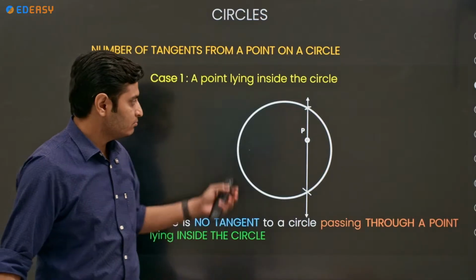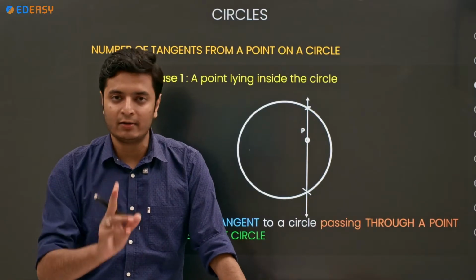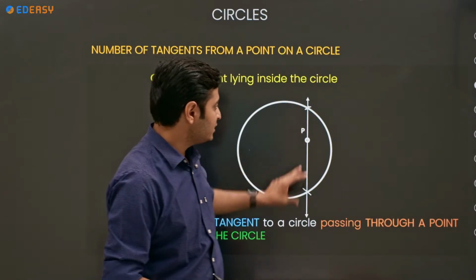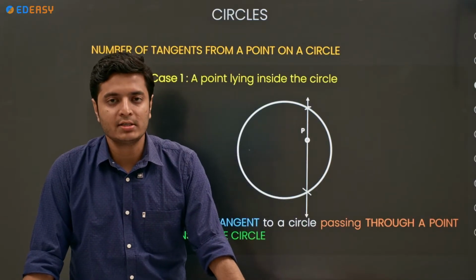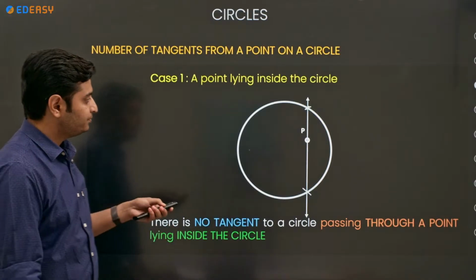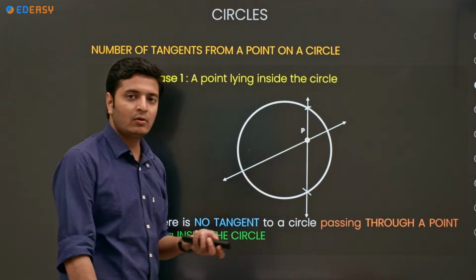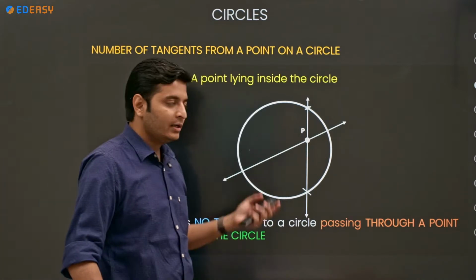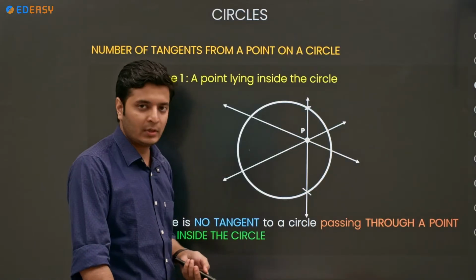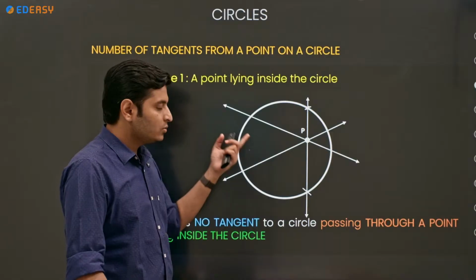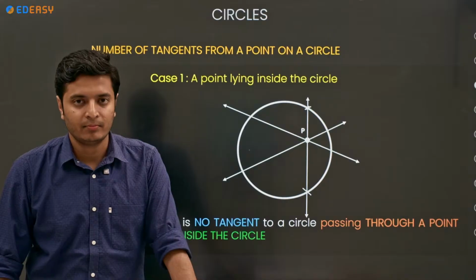Why? Because for a line to be a tangent, it needs to meet the circle only at one point, correct? Here we can see that the line is meeting the circle at two distinct points, so it is not a tangent, it's a secant. Now again, if I try to create one more line, it will also pass through the circle and meet the circle at two distinct points. Let's try more. Again, the same thing is happening. So whenever a point is inside the circle, we cannot draw any tangent, correct?